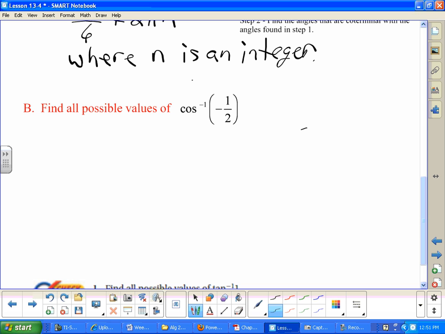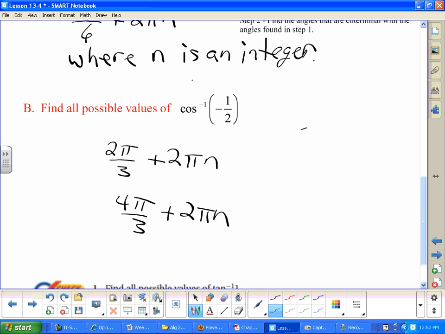And what radian measures are those? Okay, 2 pi over 3 and 4 pi over 3. That's where x is equal to negative 1/2. So I write those two answers down. Every time I hit those when I go around the circle, after I go a complete rotation all the way around the circle, I end up there, and that's where n is an integer.